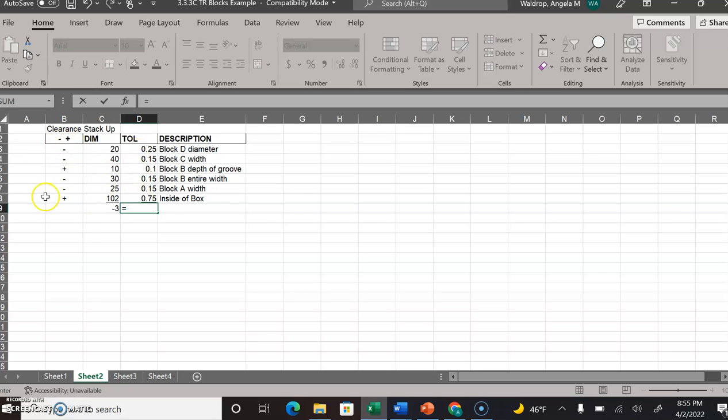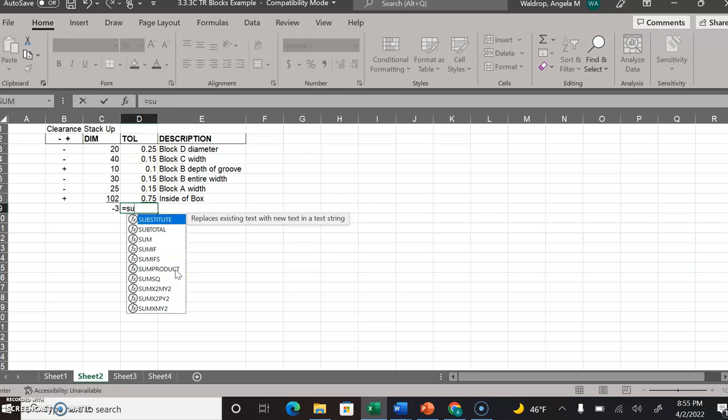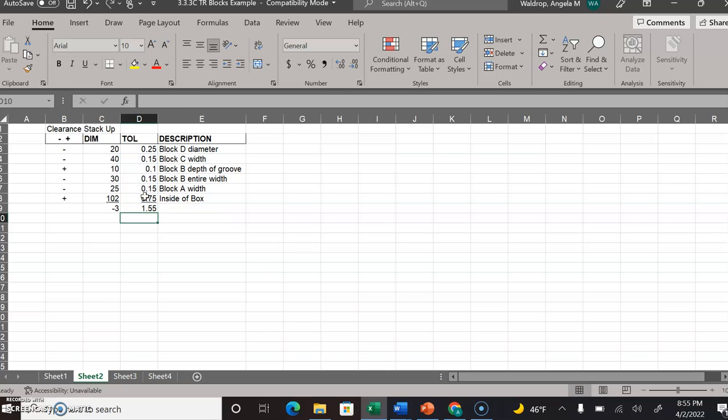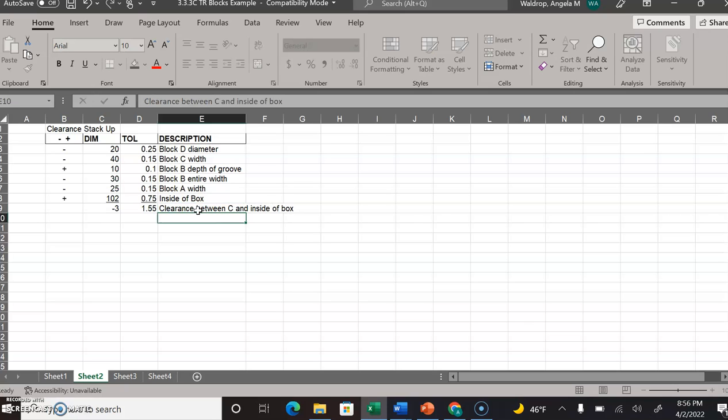I do not need to account for the orientation for this column. So I can just do equals sum and then highlight all of these values, close it, and there is my tolerance. And I'm going to call this clearance between D and inside of box.